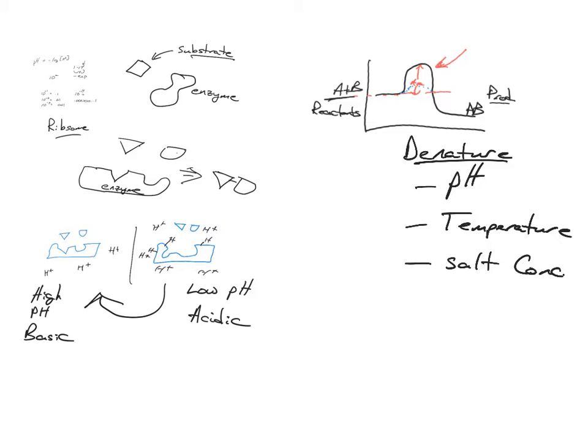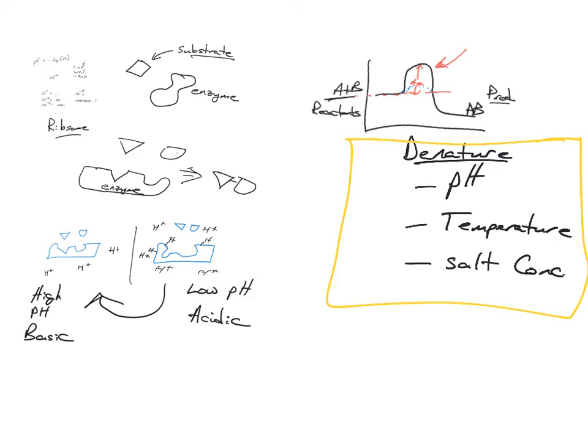So it's important that these factors stay pretty consistent. They are pretty homeostatic. You want these to stay pretty constant, which is what your body does. Your body regulates salt with its kidneys, temperature by sweating or shivering, or gaining fat or losing fat, and pH it regulates through various chemical reactions.